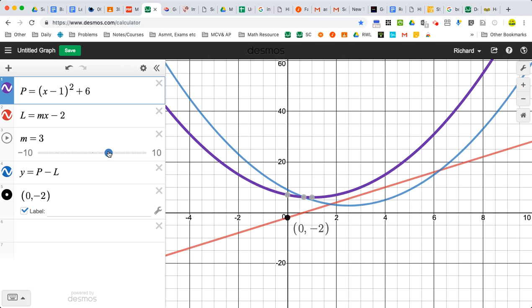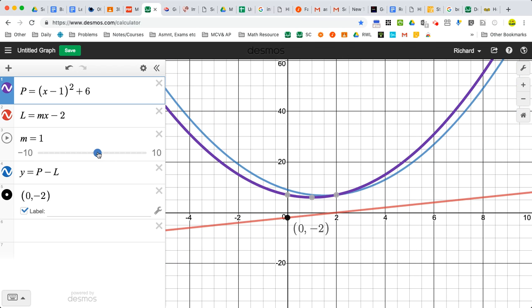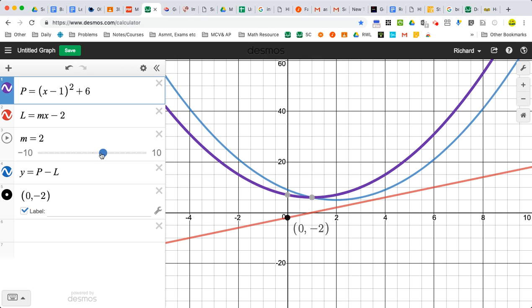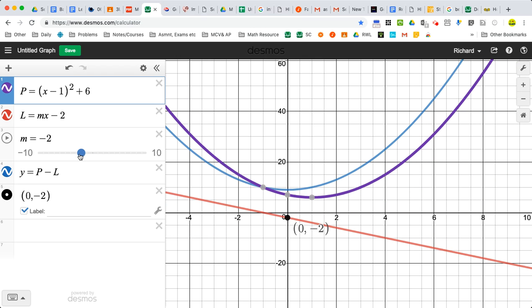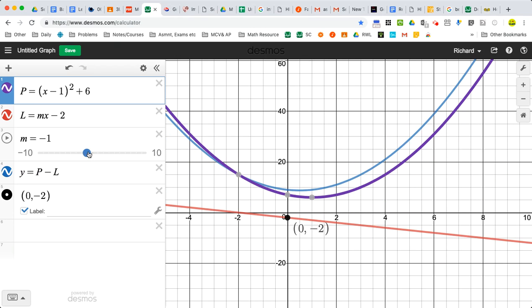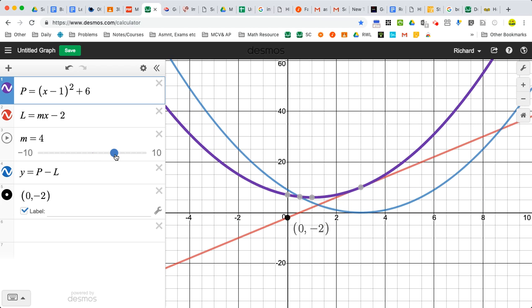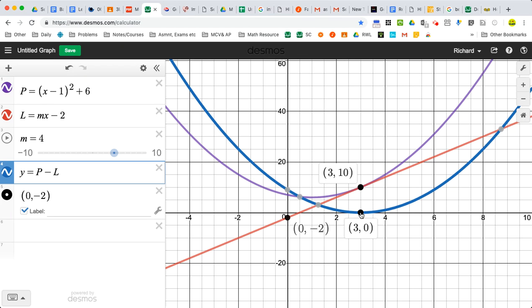As I make it even flatter, the parabola changes, but there's never any x-intercepts. So again, if I go back to 4, I have a single intersection point and a single x-intercept, at the same x value.